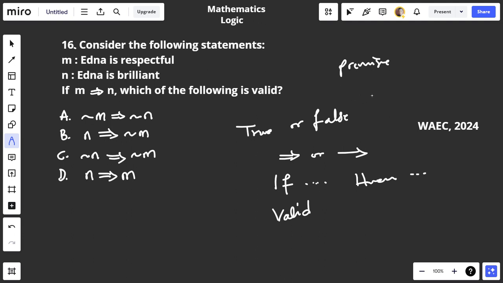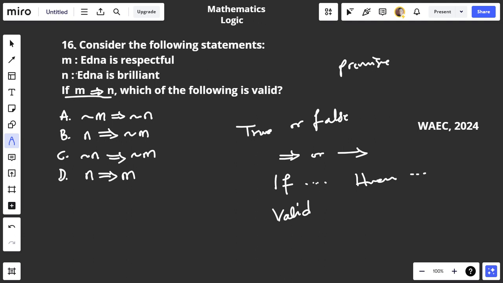What we mean by premise is the initial statement given before the subsequent statements. Like for instance, our premises here are statement M, statement N, and statement number 3. So these three statements are our premise.